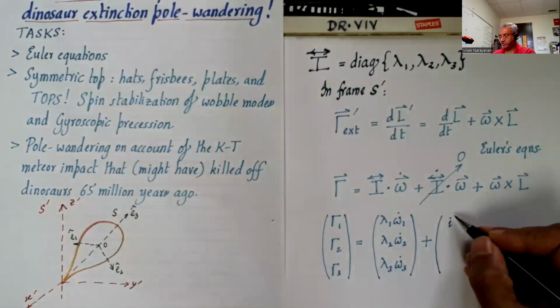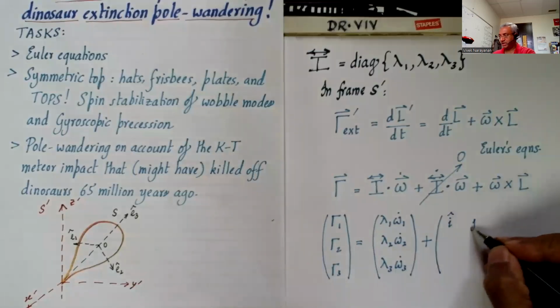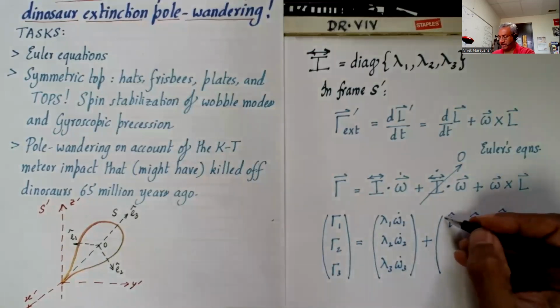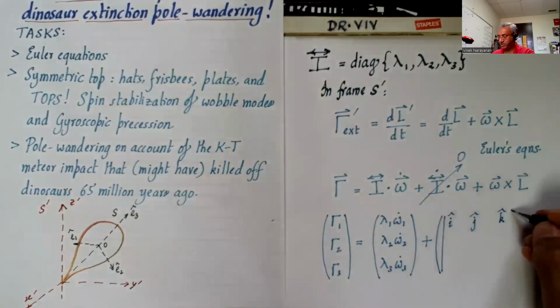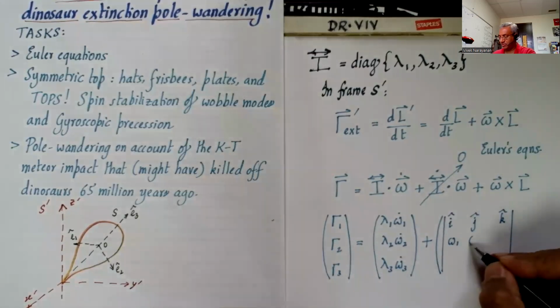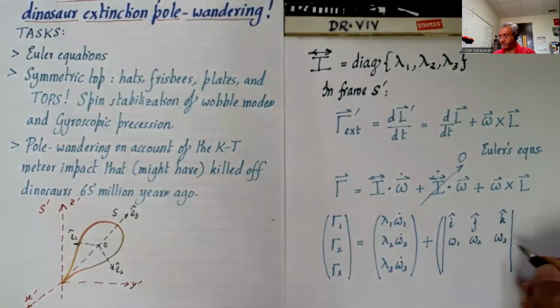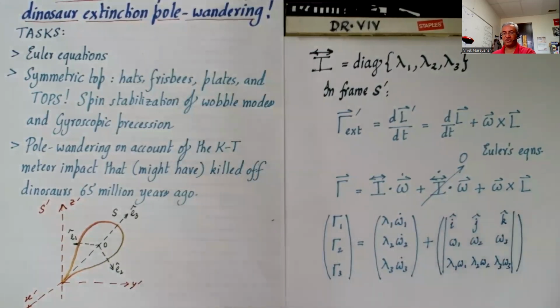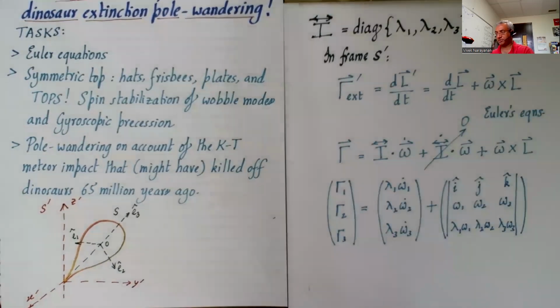following. It's i hat, j hat, k hat. Well, to be frank, I have to write it as a determinant: i hat, j hat, k hat; omega 1, omega 2, omega 3; L1, L2, L3, which are lambda 1 omega 1, lambda 2 omega 2, lambda 3 omega 3. These brackets are just fun brackets. They don't mean anything.